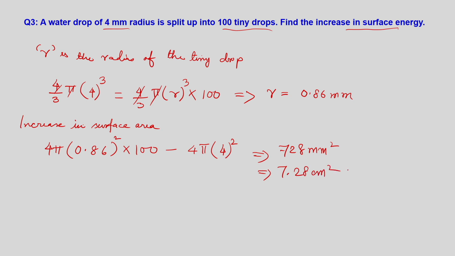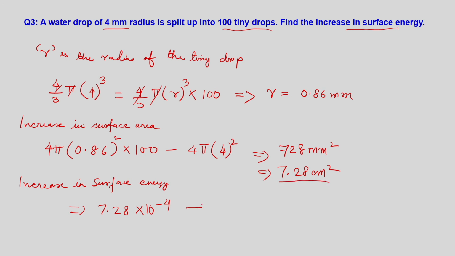Okay. So, now what you need to do is find the increase in surface energy, that was the question. So, the increase in surface energy is nothing but you take this and multiply it. So, the total difference in surface energy will be 7.28 into 10 to the power of minus 4. Okay, this is in meter square, I have converted.